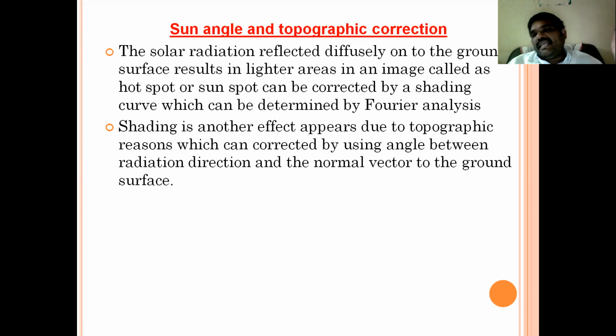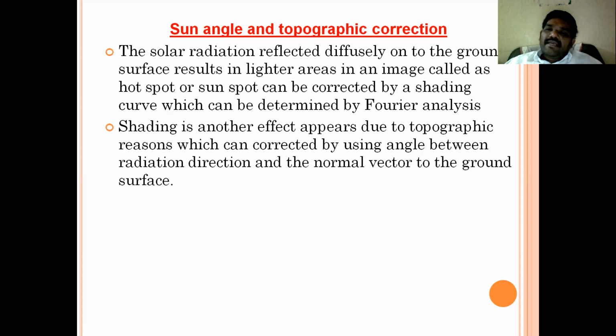We may observe the shading because of the topographic effect, which can be corrected by using the angle between the direction of solar radiation and the position vector to the ground surface.